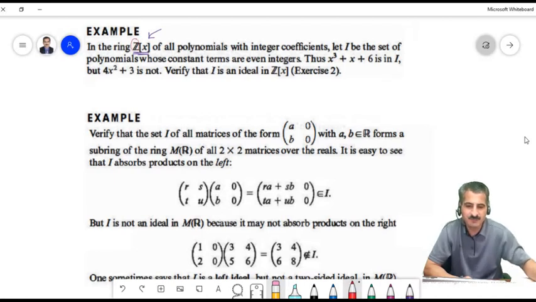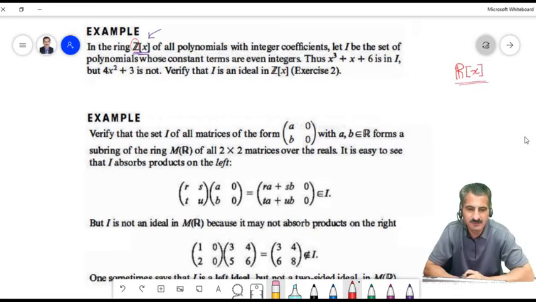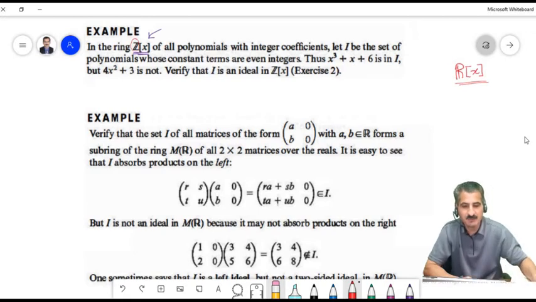If we, for instance, write R, this is the real numbers, and this is X, this denotes all polynomials, but coefficients are from the real numbers. We can define the same thing, but using the coefficients to be from the rational numbers.